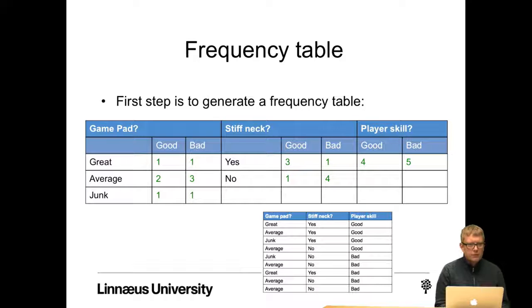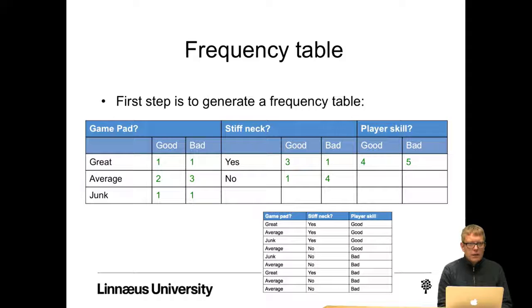So gamepad, if we look at the data set, we have one example where we have gamepad great and player skill good. We have one example where we have gamepad great and player skill bad. We have two examples of average gamepad and good FIFA player, and three examples of average gamepad and bad FIFA player.